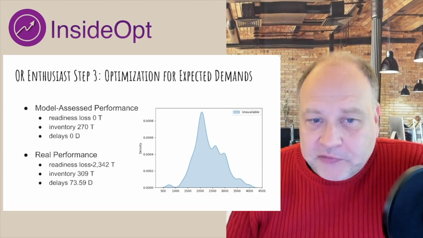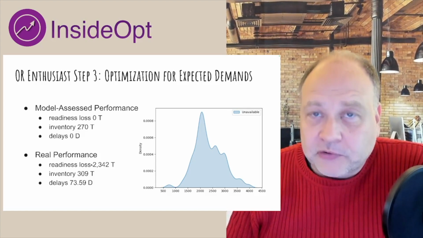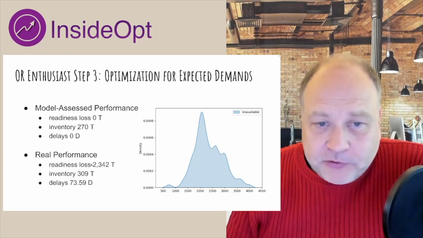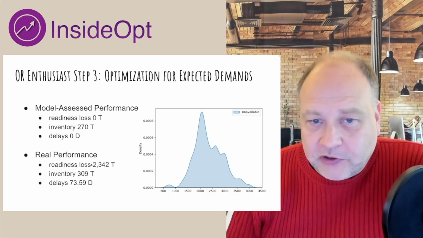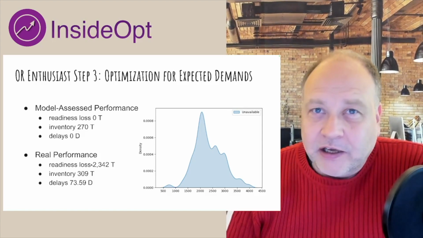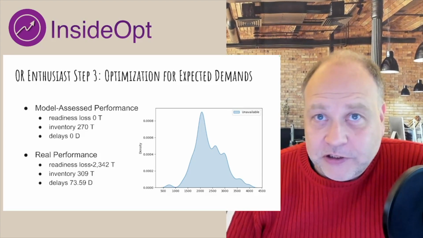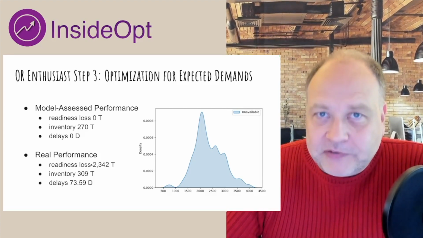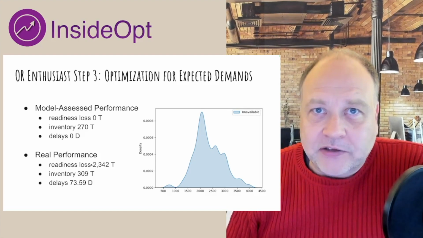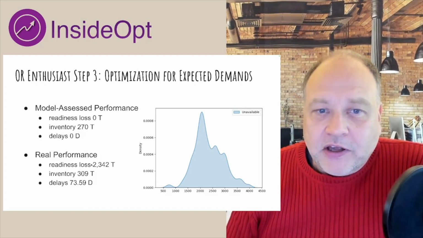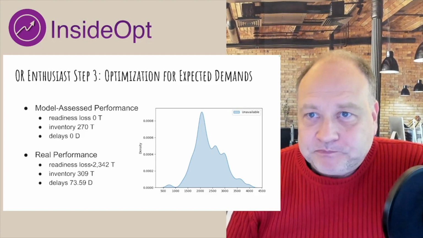Also, total number of delay days is close to 74. Absolutely not doable. The inventory costs in reality are also slightly higher, but they would still be massively less than what the shop is currently using. But this is obviously leading to a completely unacceptable service level for the repairs that would be done.